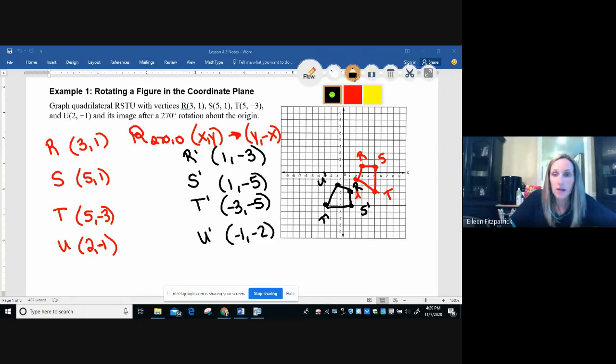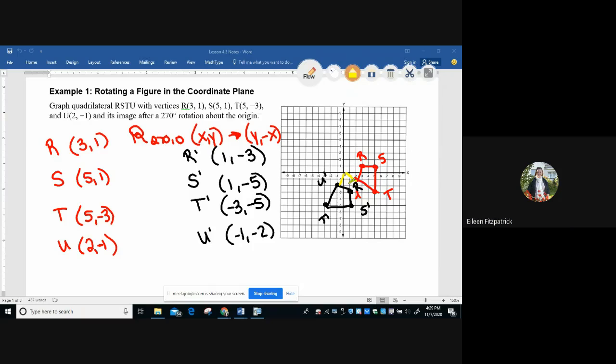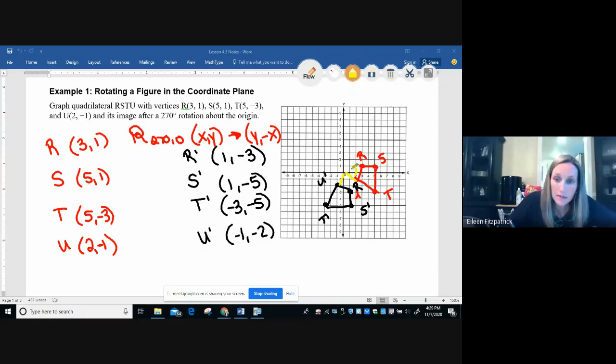Now, how do I know it's a rotation of 270? How can I visualize it? If you connect U to the center of rotation and U prime to the center of rotation, so that would be this and this. All right, so from U, the pre-image, to U prime, does it look like it rotated 270 degrees?